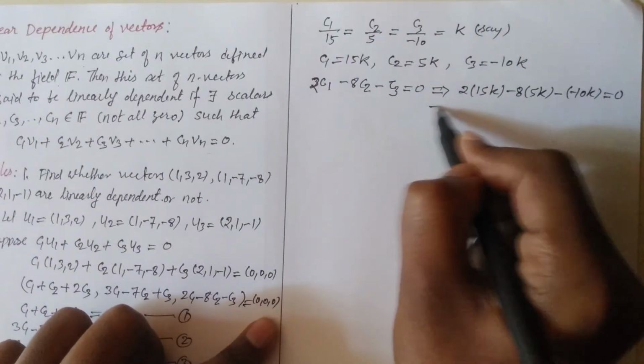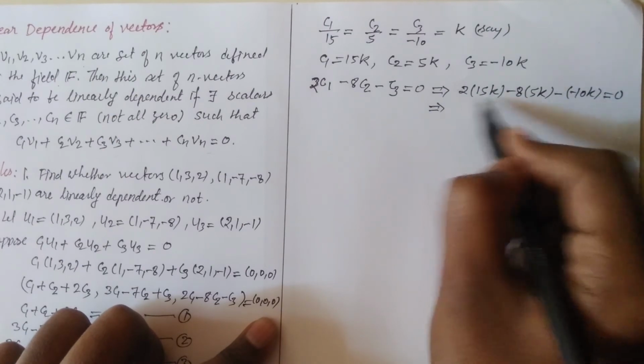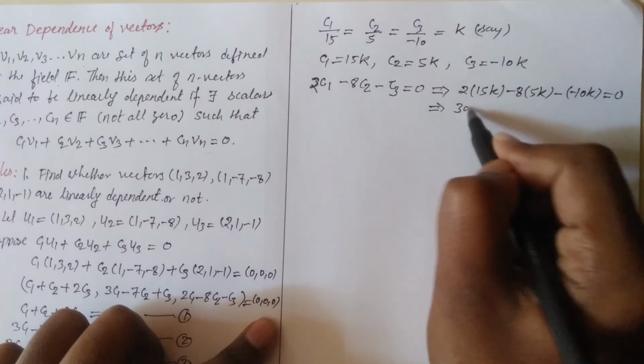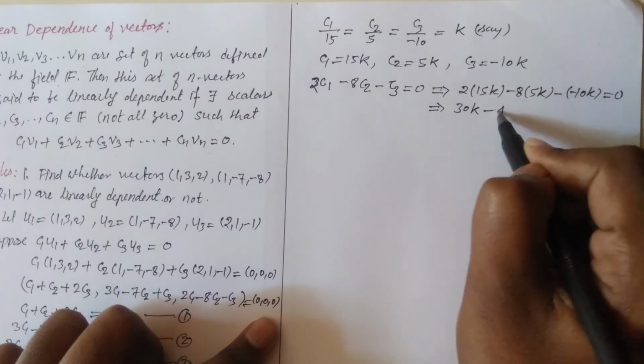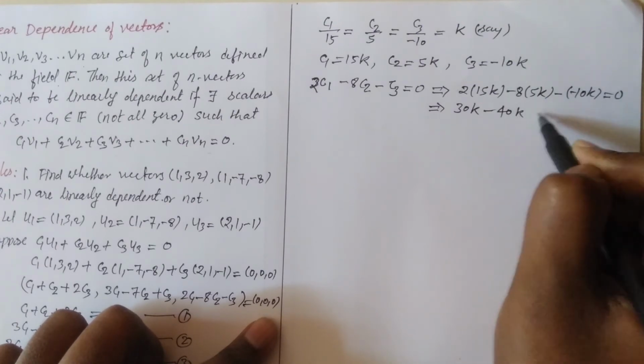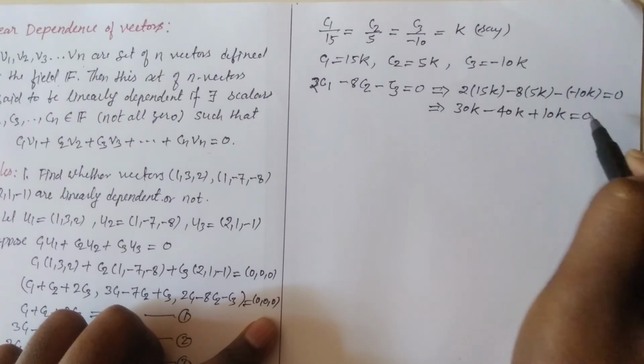So from this we will have 30K minus 40K plus 10K equal to 0.